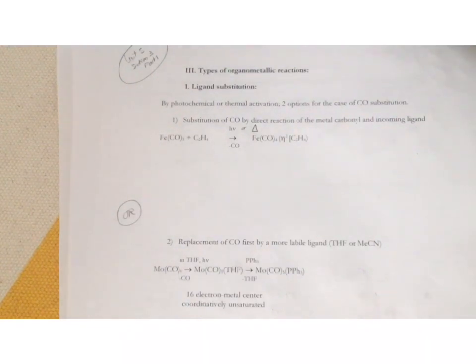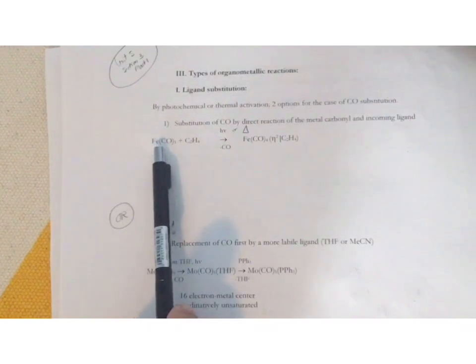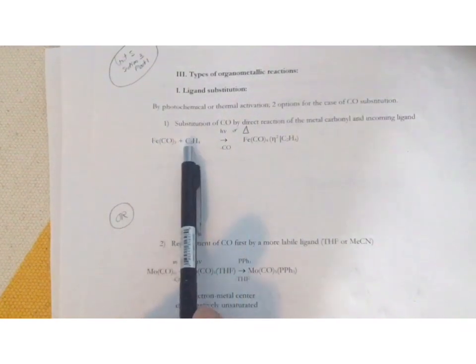So there are two ways to do this substitution. When I say substitution, that means that I'm going to replace one of the carbonyl ligands with a different ligand. If we start with the direct substitution, we have a direct reaction of a metal carbonyl complex and a ligand.